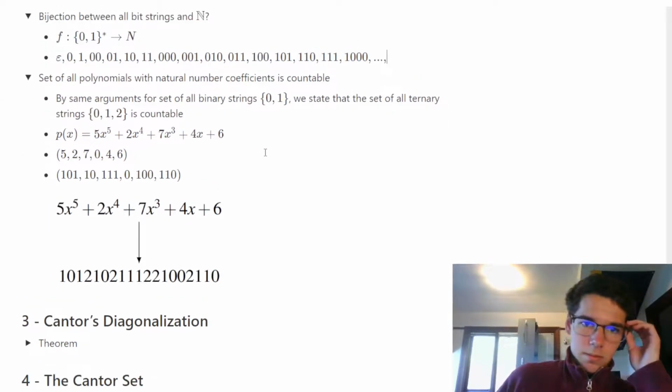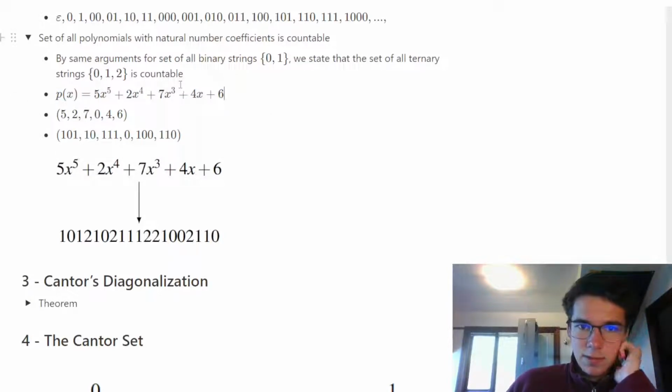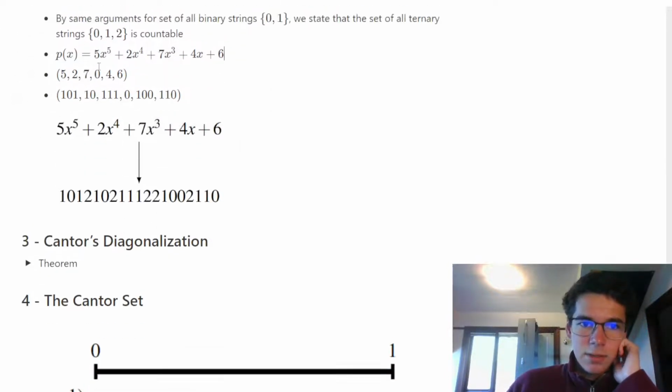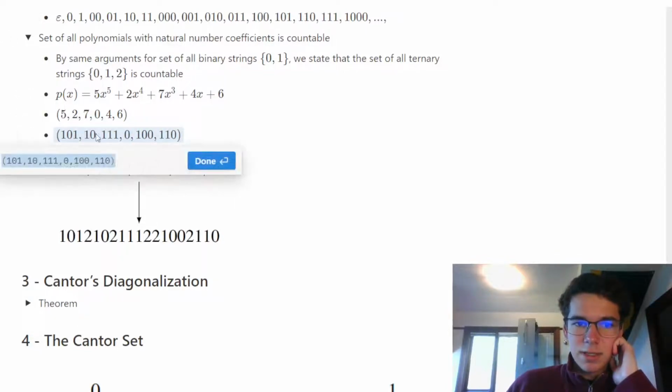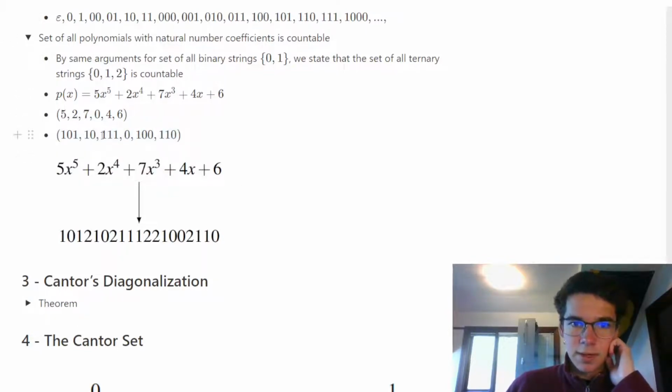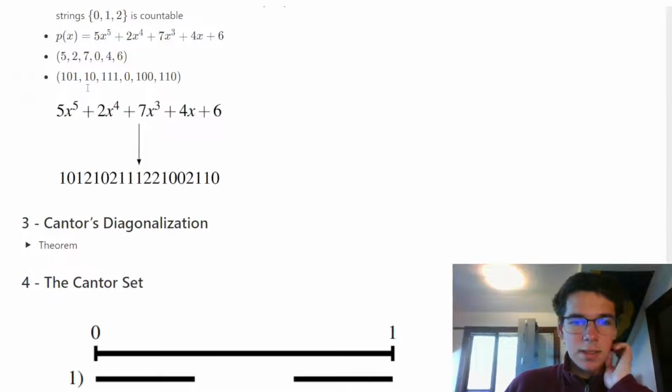So we're going to have our polynomial. It's going to have natural number coefficients. We can just represent this as a list, and then we can represent each coefficient in its base 2 form, or its bit string form. Then from there, we can simply put 2's in between each coefficient.